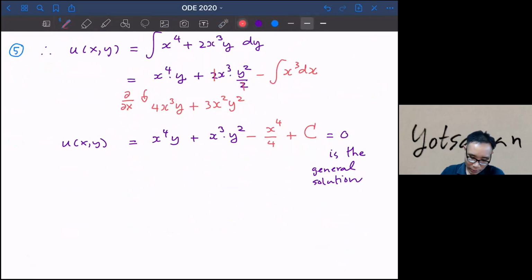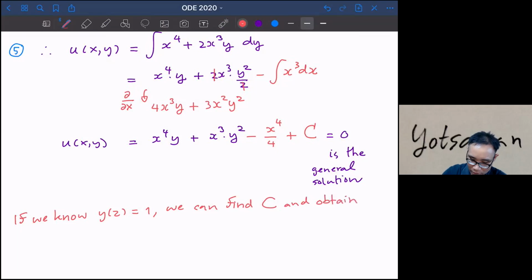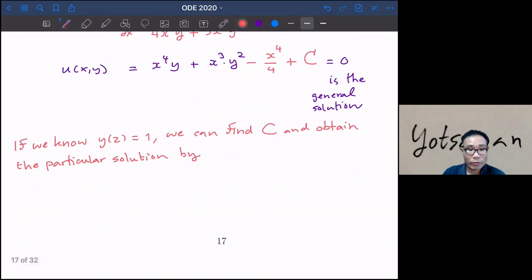If we know y(2) equal to 1, we'll be able to find C and obtain the particular solution.